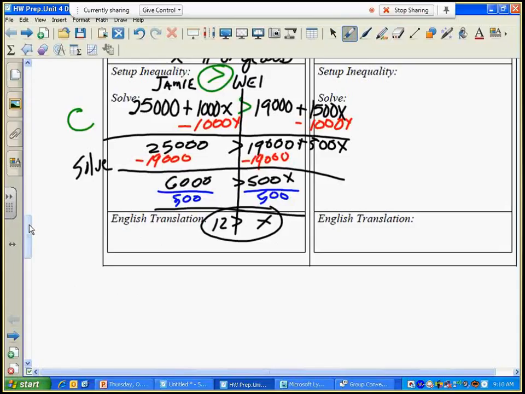I'll put it this way. The span of time, the number of years, is less than 12. Okay, so the number of years is less than 12.